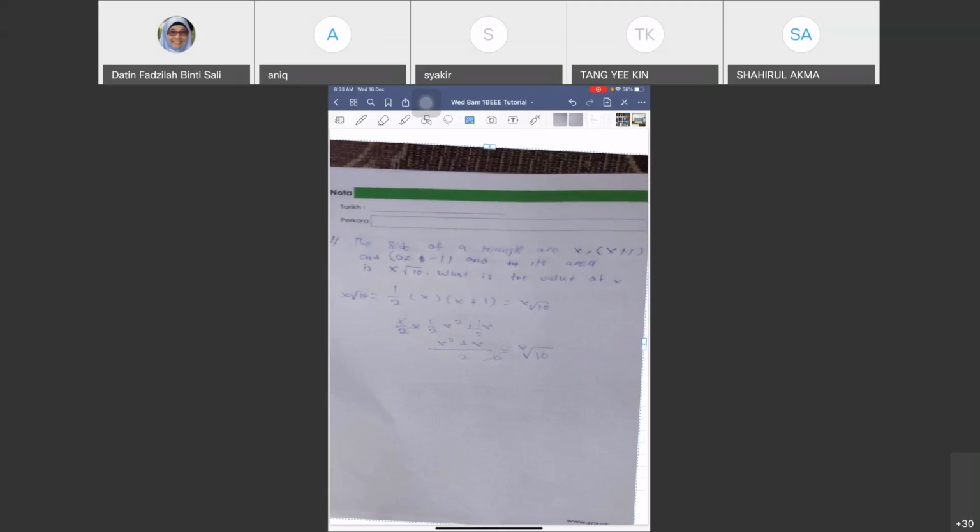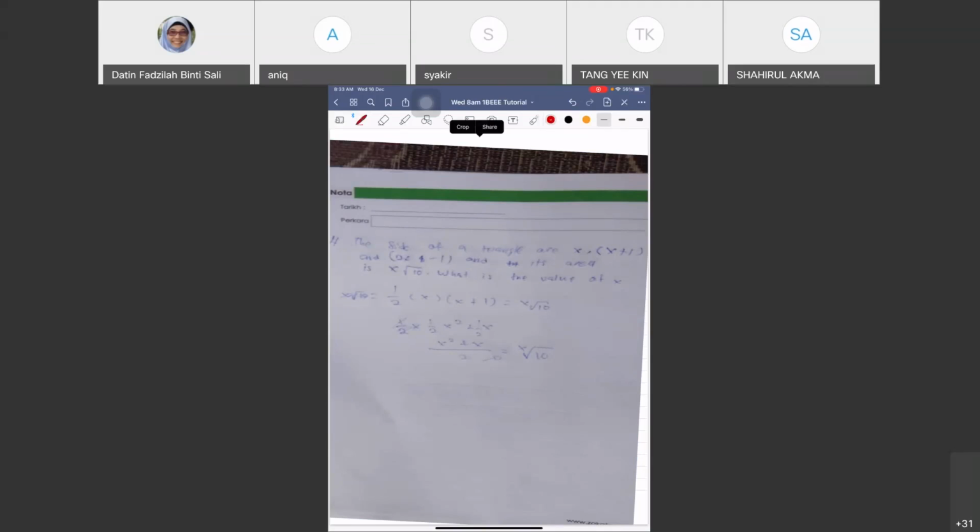This time, the sides of a triangle are x plus 1 and 2x minus 1, and its area is x times square root of 10. What is the value of x? Again, all three sides are given.